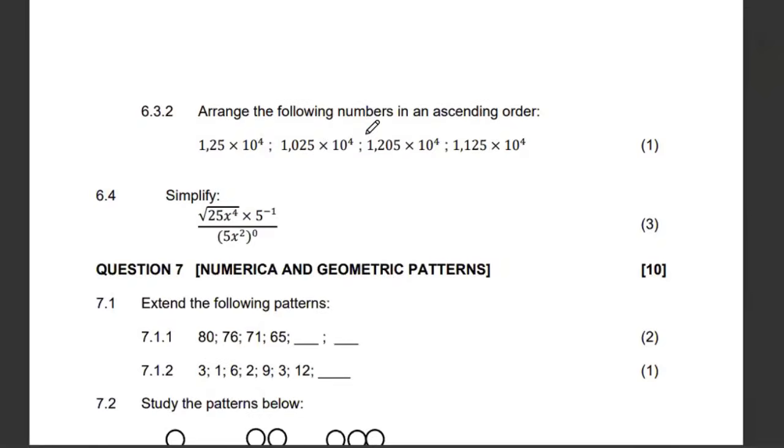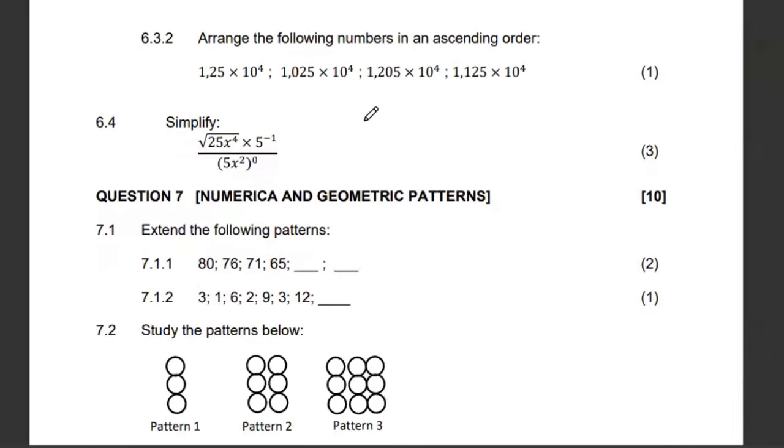Okay, so arrange the following in ascending order, so from the smallest to the biggest. The exponents are the same, okay. So the smallest number here is going to be 1,025, followed by, is that true? Arrange the numbers in ascending order. Which one is the smallest?